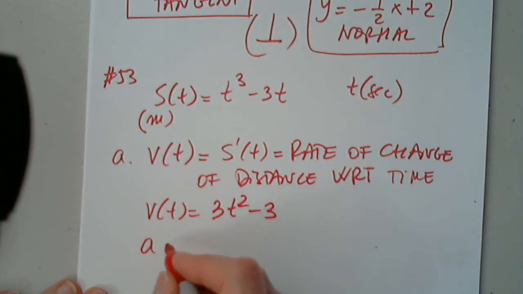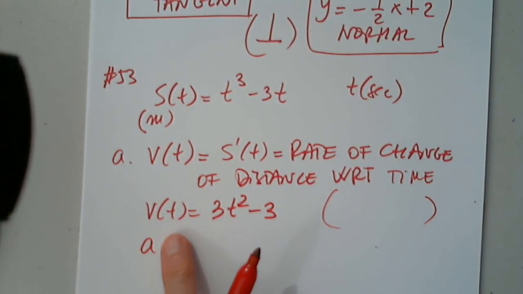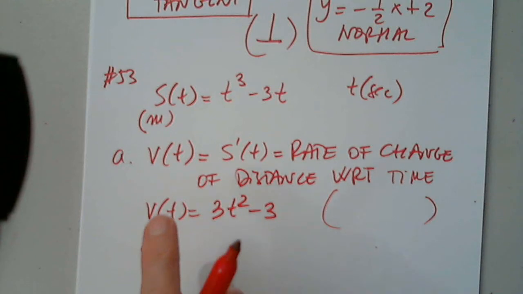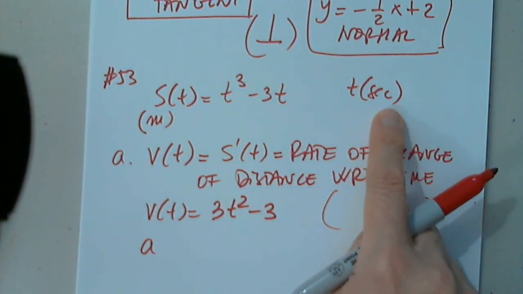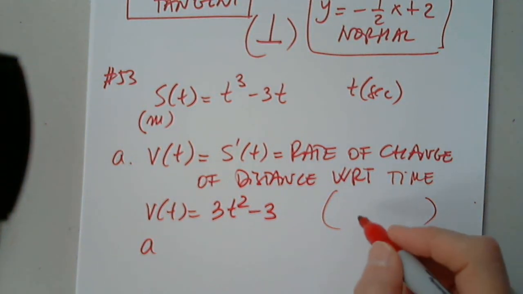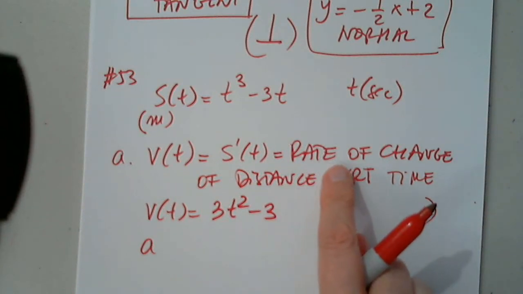Okay, what about the measurement unit? I want to write the measurement unit for velocity. It's a rate of change. The derivative. This is a rate of change.